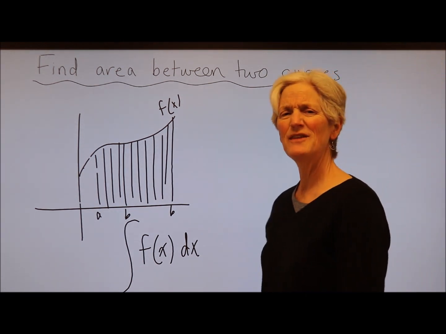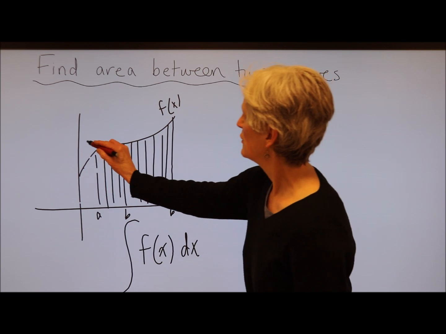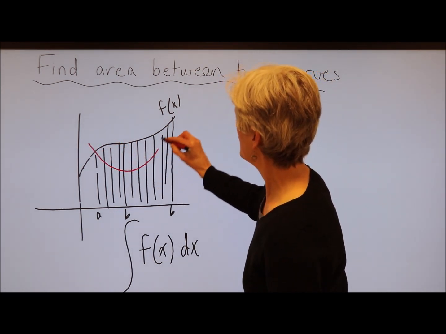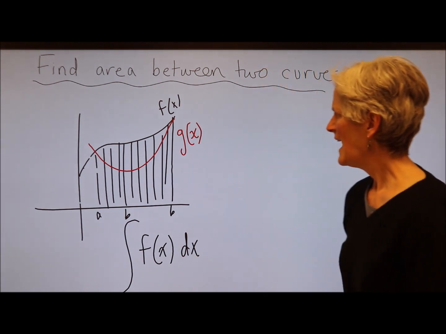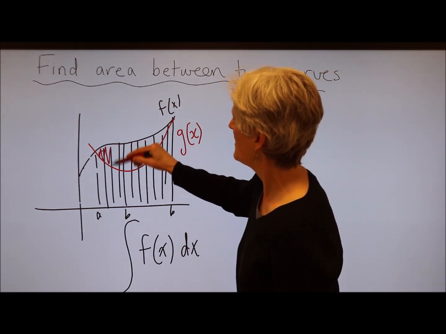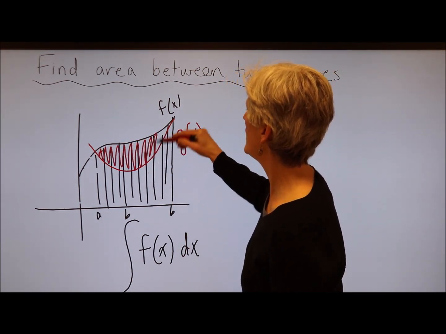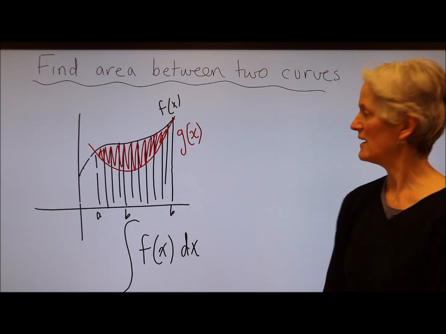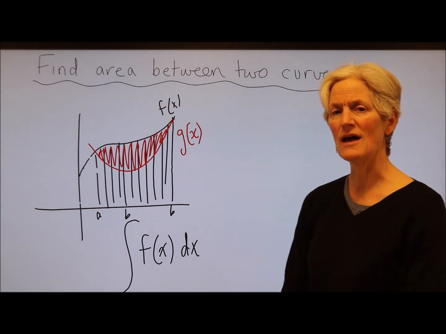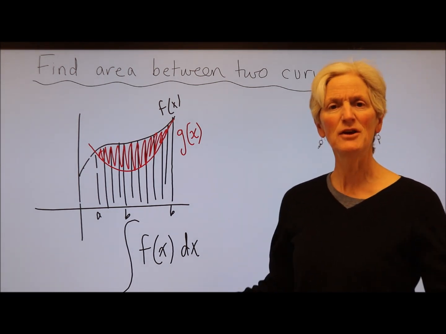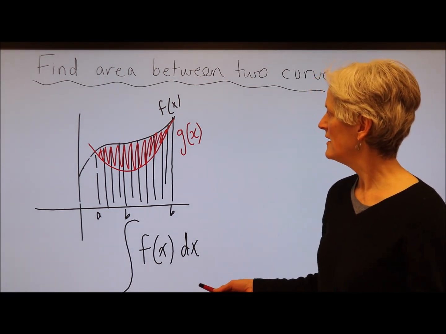Well, what if I had a second curve that was involved? Let's call that second curve g of x. And what if I wanted just to find the area enclosed between f of x and g of x? Well, stop and think about how you might do that. I bet you came up with what I came up with.